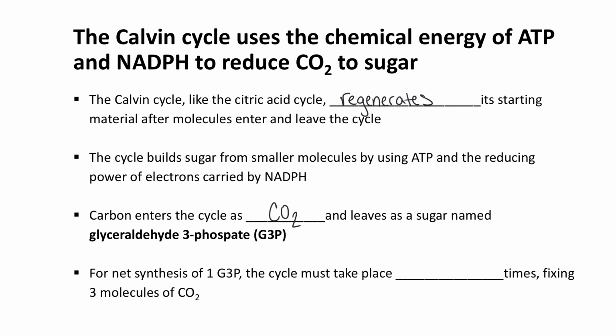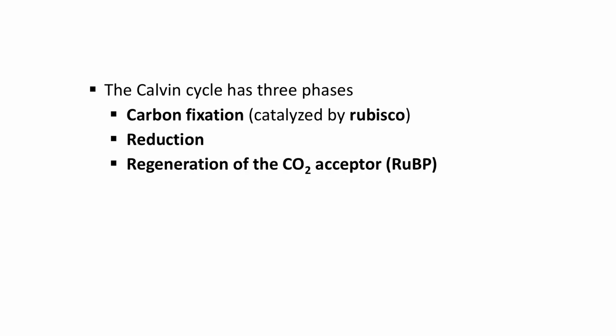For net synthesis of one G3P, the cycle must take place 3 times, fixing 3 molecules of carbon dioxide. The Calvin cycle has 3 phases: carbon fixation, that is catalyzed by Rubisco, reduction, and regeneration of the carbon dioxide acceptor, RuBP.